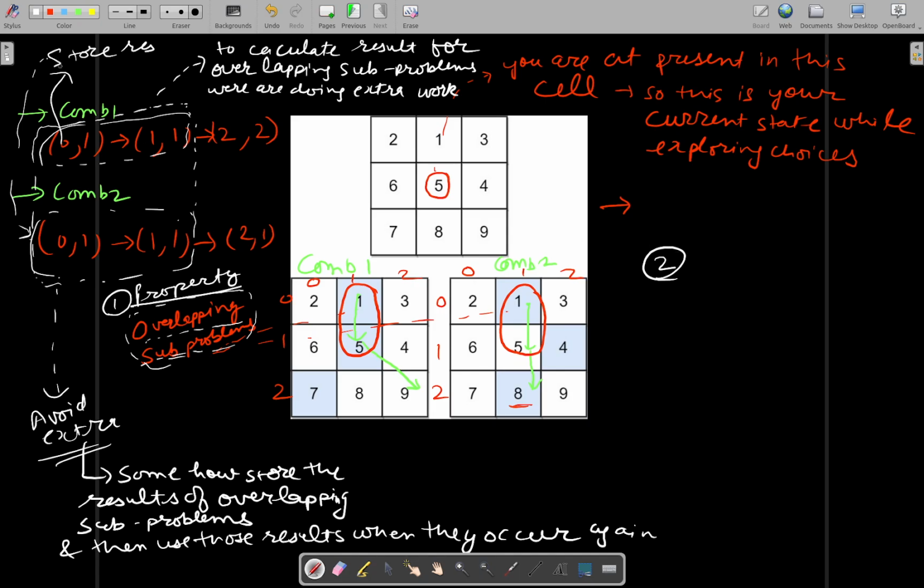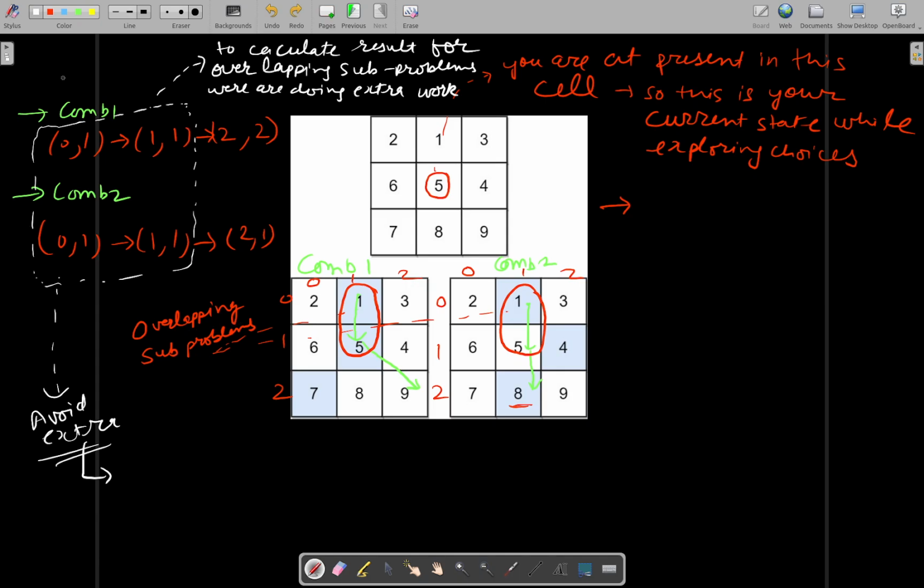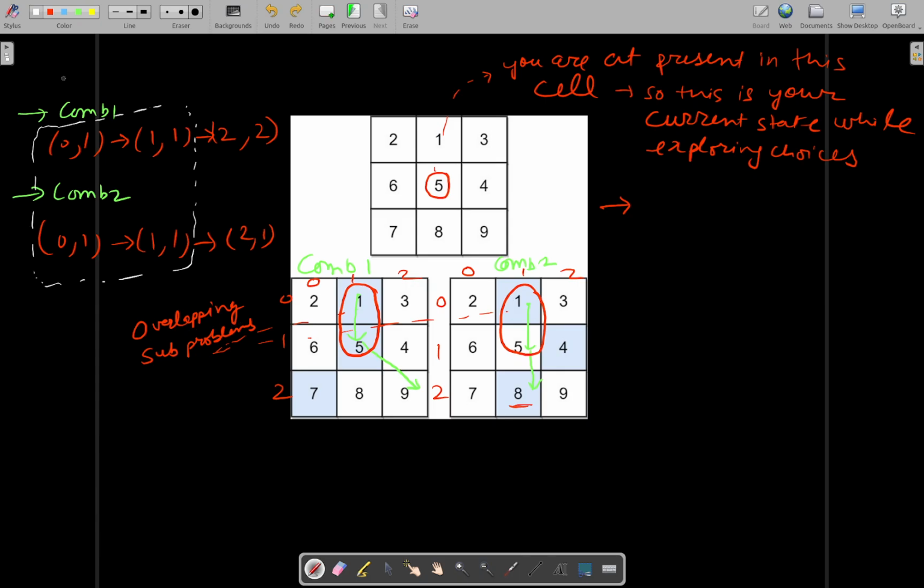Let's say you have to form the result of 2 comma 2. Let's say this is the result that you want to find out. It will be dependent on what previous choices you have made.